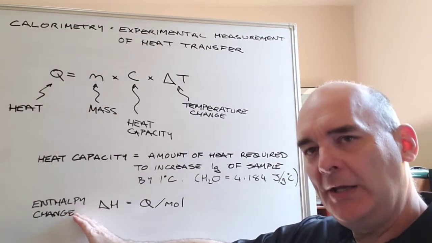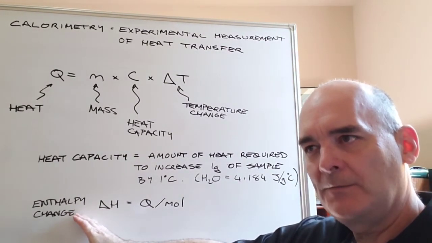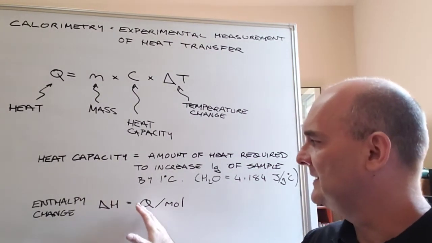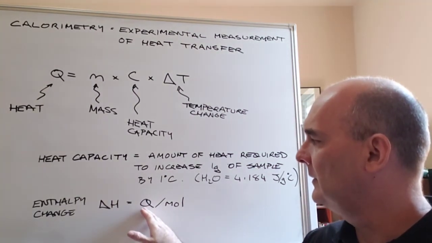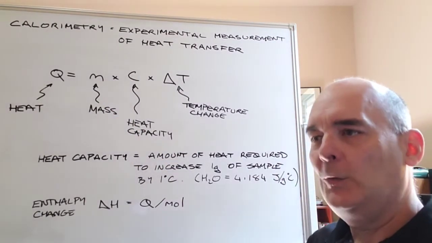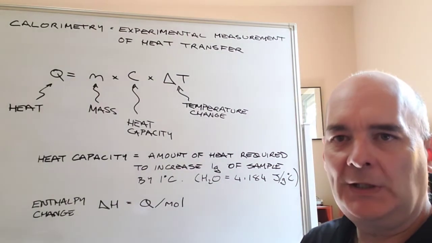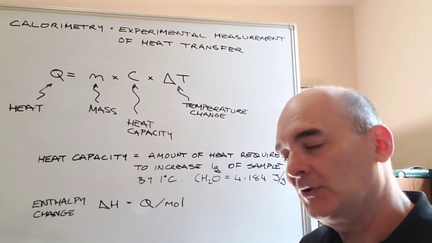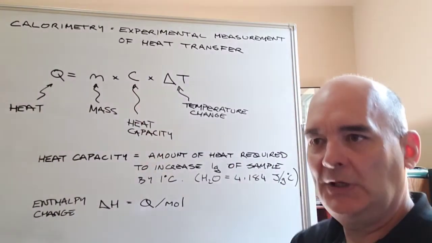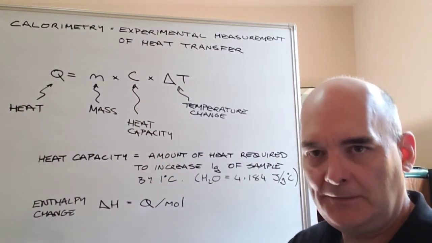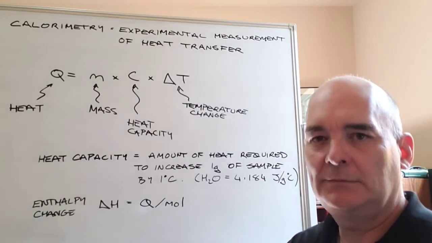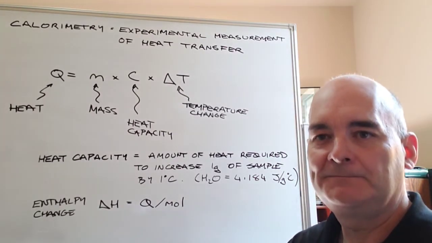The enthalpy change for a reaction is heat per mole. So we just take the number from the calorimetry experiment and we divide it by the number of moles being used. It is possible to change the heat capacity in this equation into something called the molar heat capacity, which is a slightly different number.